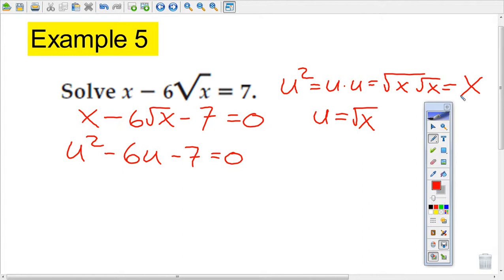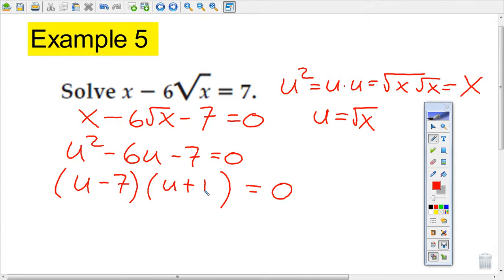Okay, now can you factor this? How could you factor it if you could? Katie. Does that work?